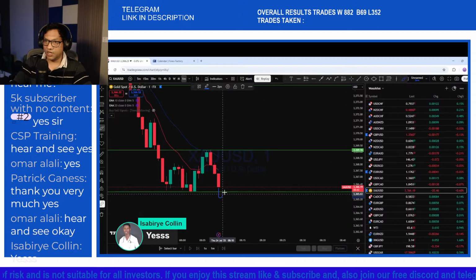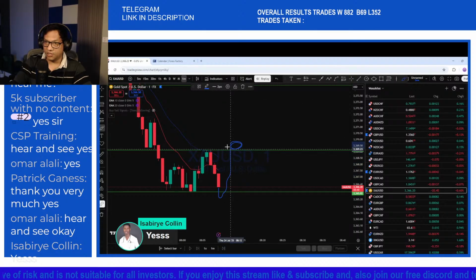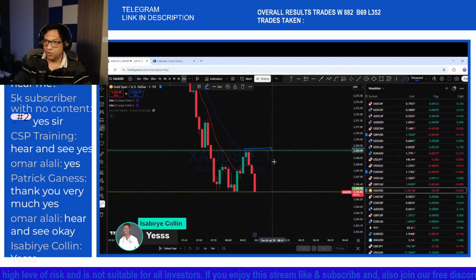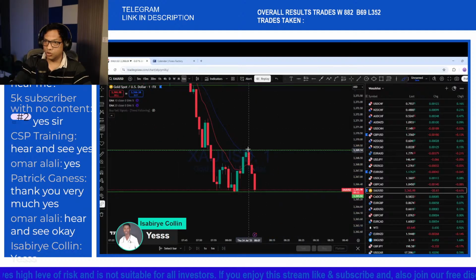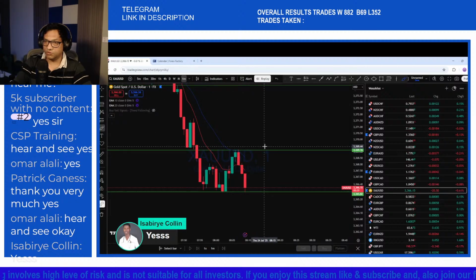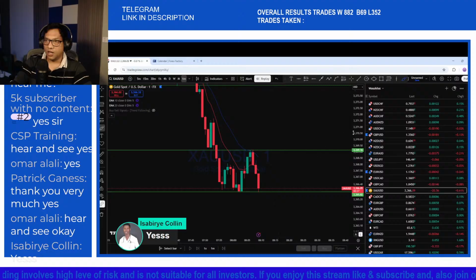If it goes back up again, hitting this resistance here on the 5 minutes time frame, that will be a very good entry, because it already created a level where the 20 EMA has been retested on the 1 minute after the crossover.